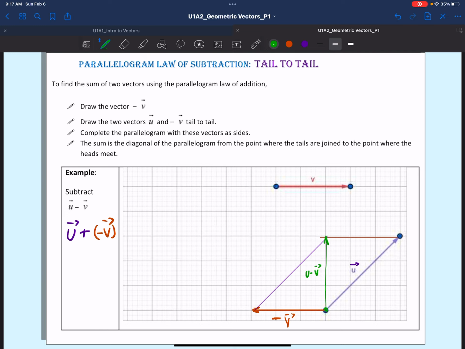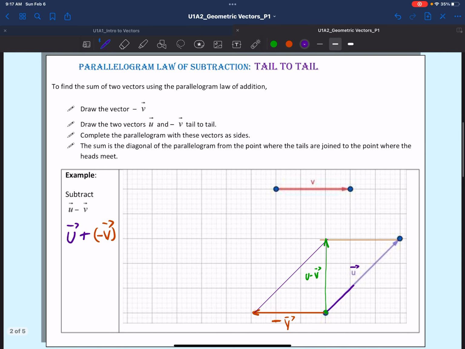Again, if we follow the triangle law of addition, it means that we're going to have vector u. Let me just place that. Oopsie. Here goes vector u. I'm going to bring it here so we have enough room. And here is vector negative v.